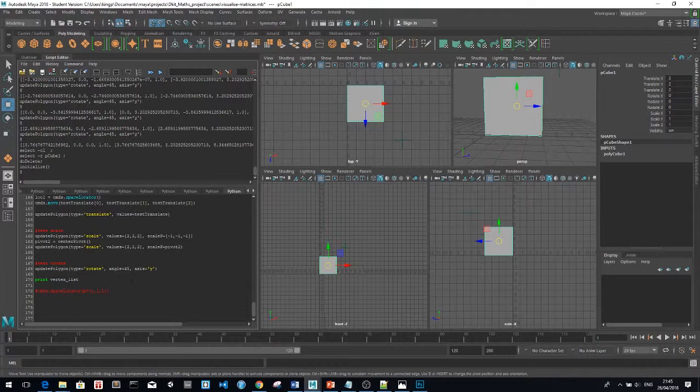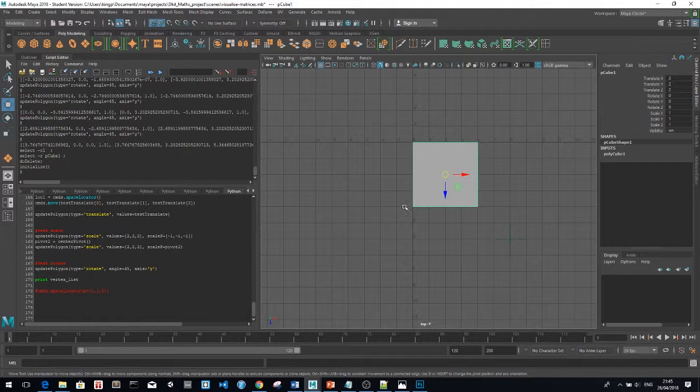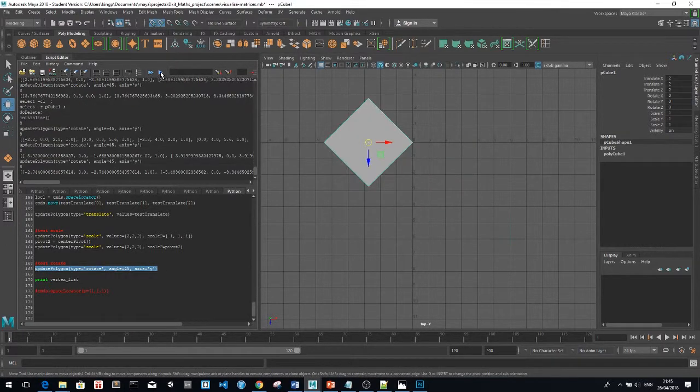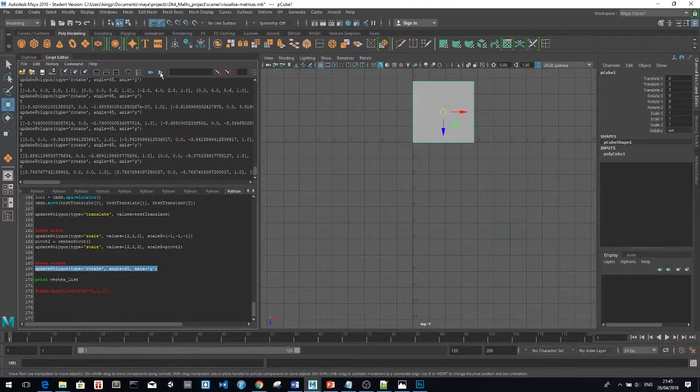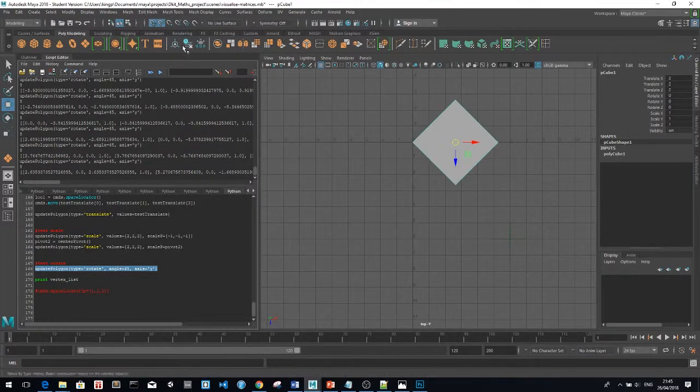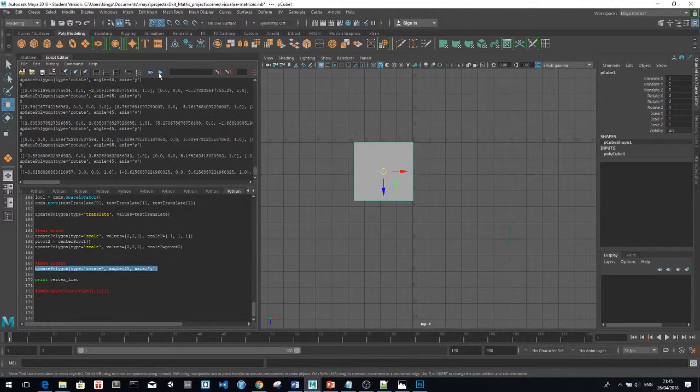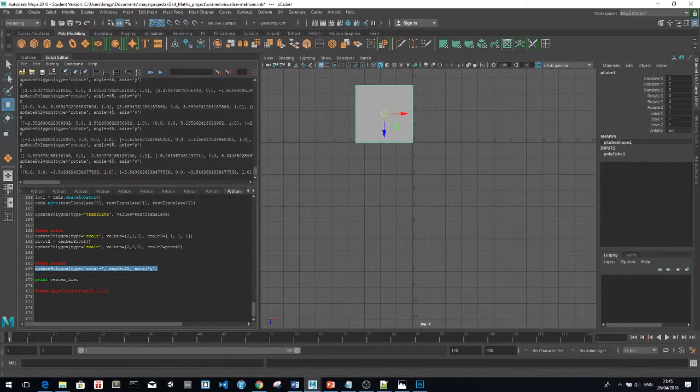Next we can take a look at rotations. If we set our type to rotate, angle to 45 degrees, and axis to Y, we can move into our top view. It should rotate about the Y axis, and you can see the result matrix from our transforms.